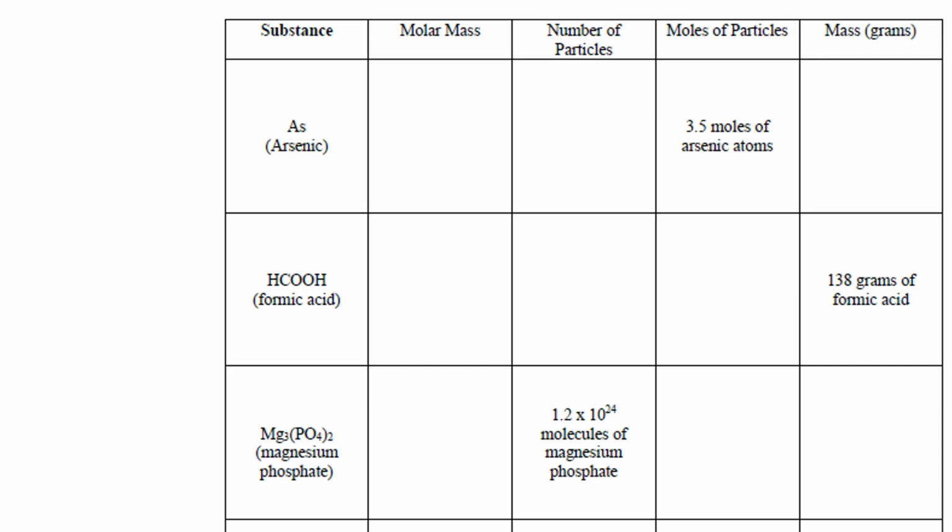Now, looking on the back side, we know how to calculate molar mass based off of a chemical formula. So, for example, arsenic, I look it up on the board. For this one, I could calculate this one because I have 2 hydrogens at 1.01, which means I have 2.02.